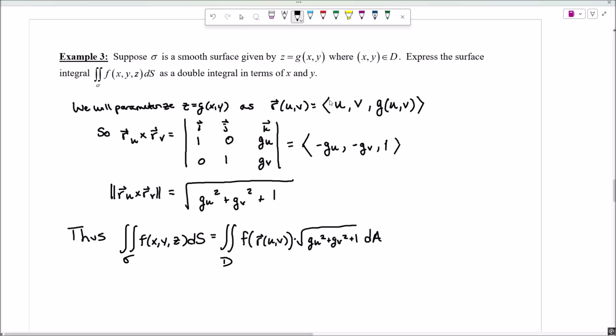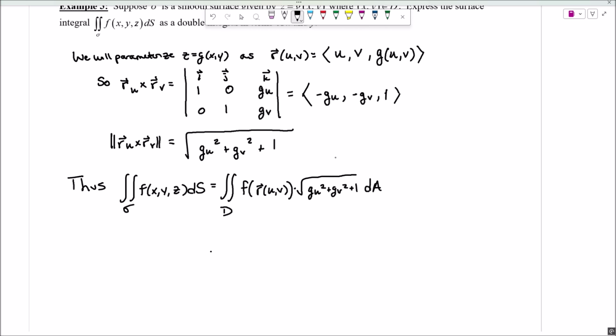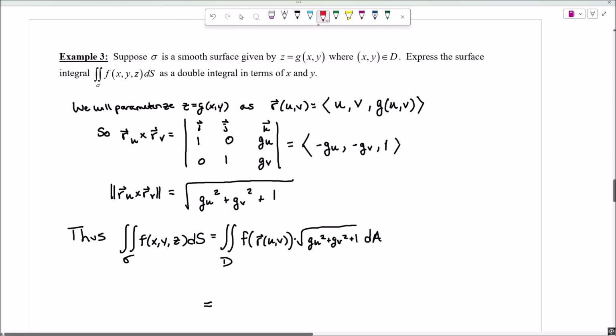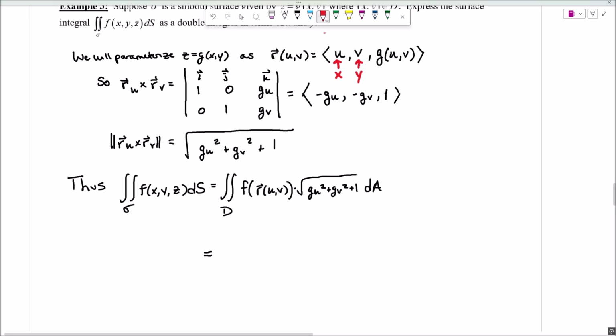But there's one other thing here that actually becomes really significant to take a look at, and it has to do with the original parameterization. Keep in mind up here that x and u were actually the exact same thing. Y and v were also the exact same thing. And so when I go ahead and actually take a look at what this means, I can actually re-express this integral up here one more time because I don't have to write it in terms of u's and v's.